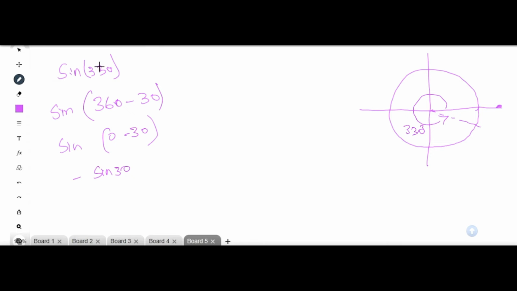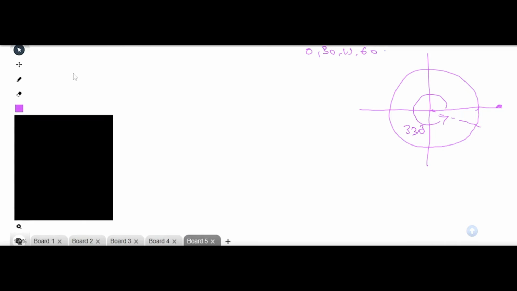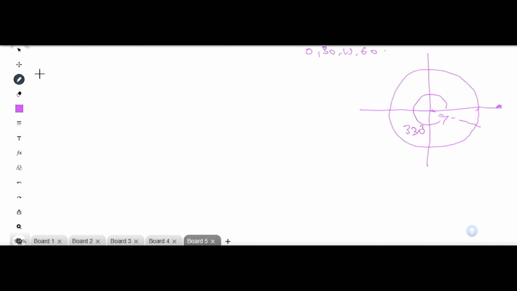Or shall we solve it for 300, because we have almost covered 0, 30, 45. Let's do it for 60. So let's do it for 300. 300 would be 360 minus 60.